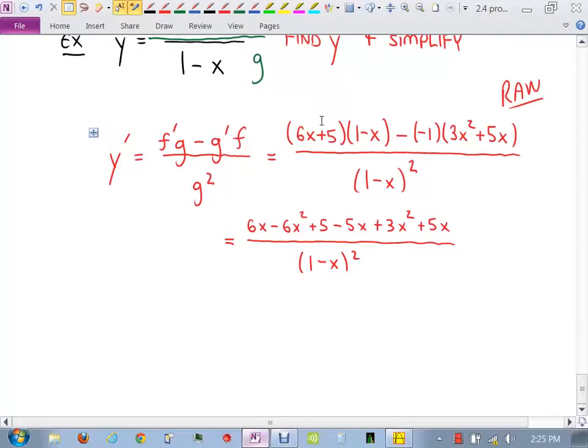So I actually had to FOIL out 6x plus 5 times 1 minus x. I did that foiling. Here it is, first 4 terms. And then on the second one, the two negatives became a plus. And so I just added these two right here at the end. And now I can collect like terms and I should be done.